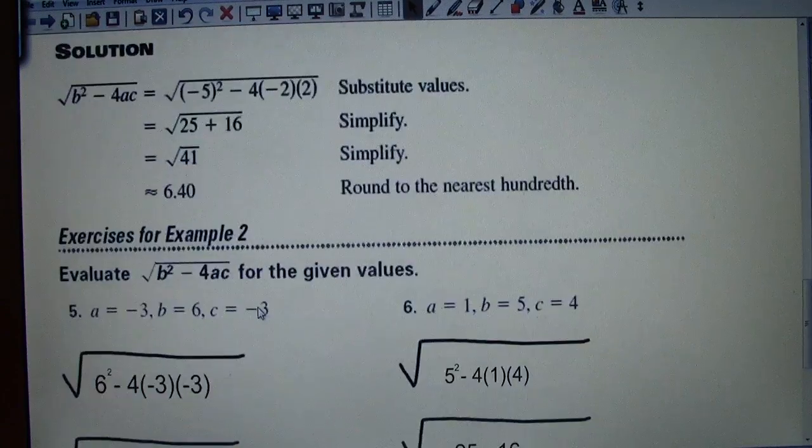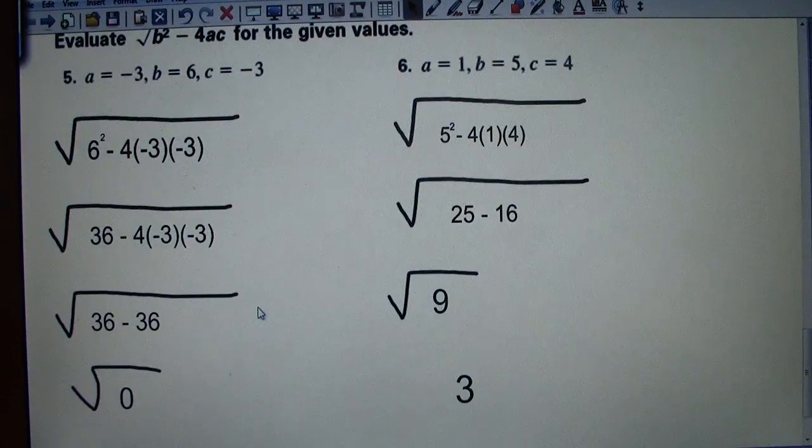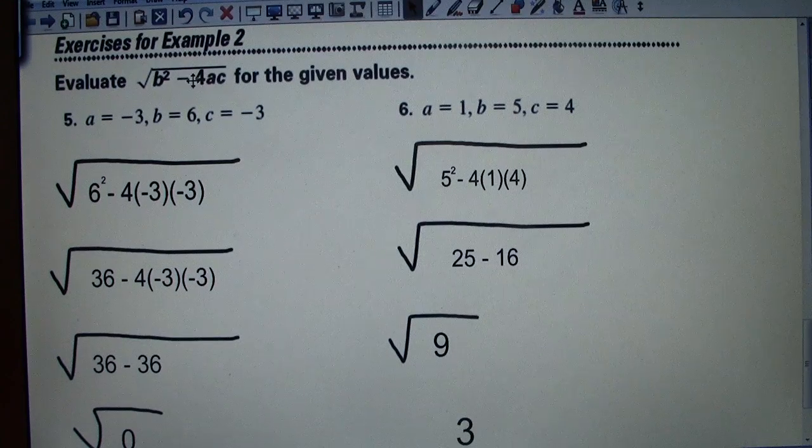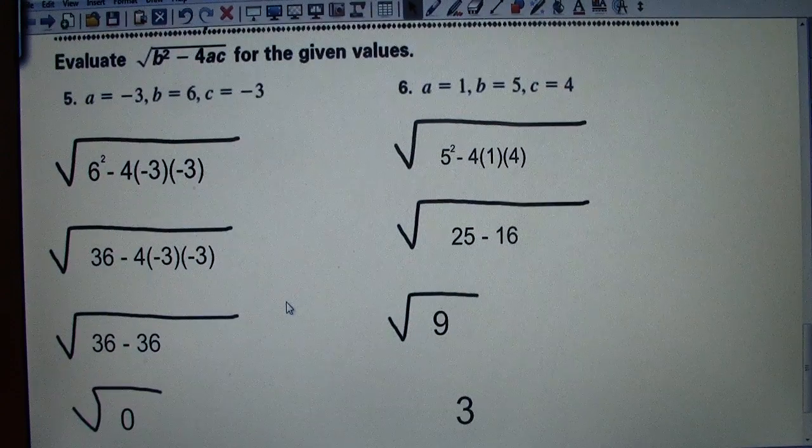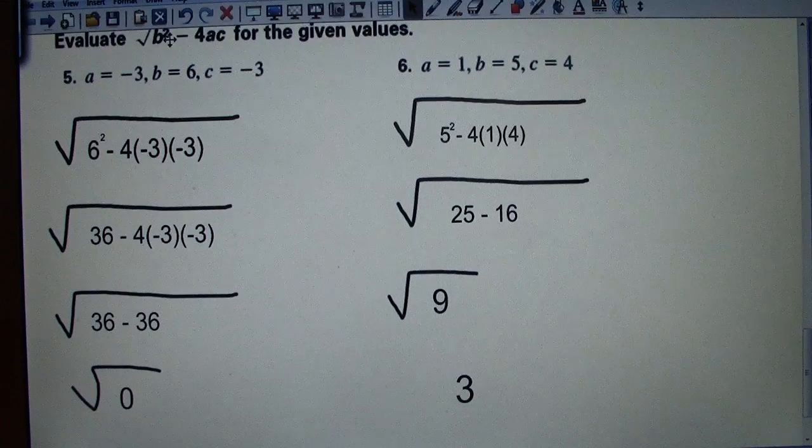So let's go ahead down here and practice that. Here I have evaluate the square root of b squared minus 4ac for the given values. I have gone ahead and typed in the values for you. And let's look at number 5. I'm going to replace b with 6, and it's 6 squared, minus 4 times negative 3 times c, negative 3.